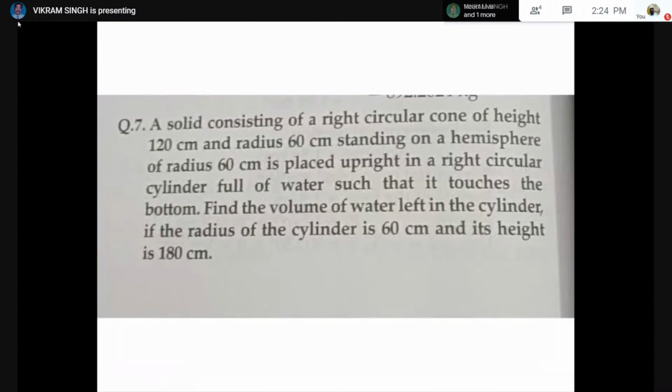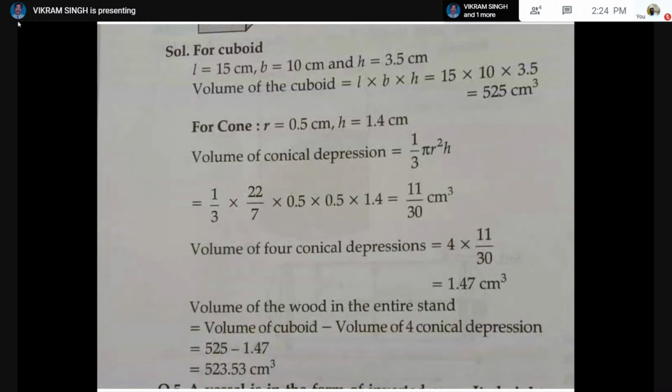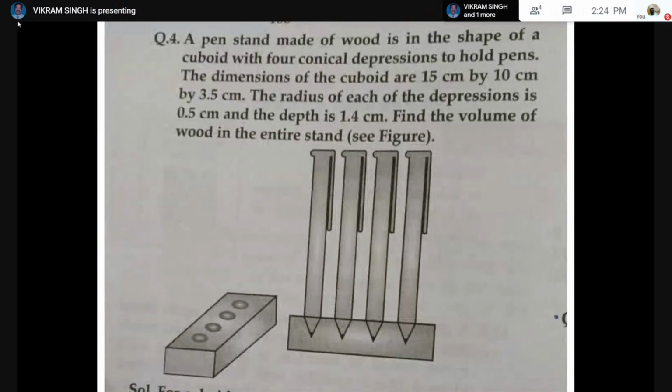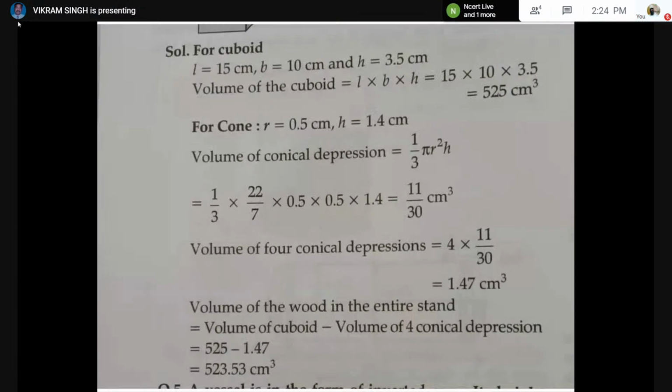Now let us see its solution. First we will discuss the cuboid, then we will come to the cone, because in this question we are concerned with 2 solids, cone as well as cuboid. As I told you, length is 15, breadth is 10 and height is 3.5 centimeter respectively.